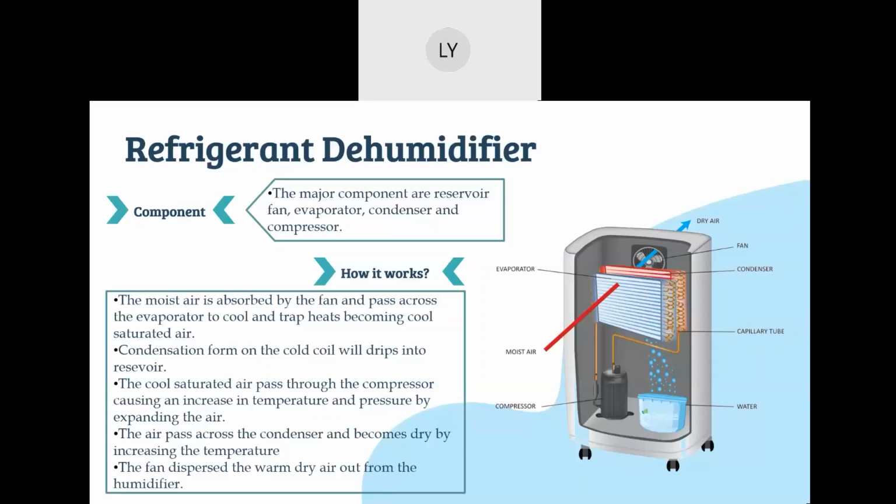Okay, Nadia. So I would like to ask Ziqi, what are the benefits of a dehumidifier? For the benefits of the dehumidifier, it can help to reduce the musty odor that can accompany mold and mildew.